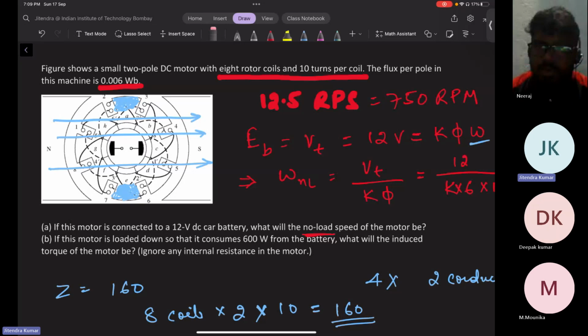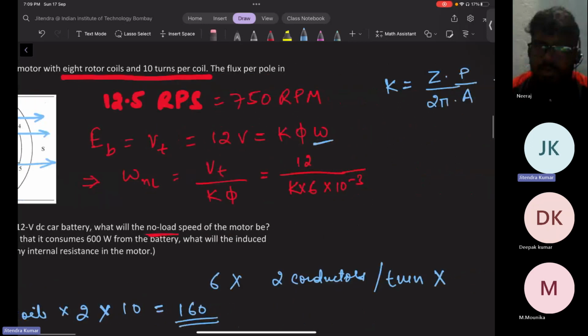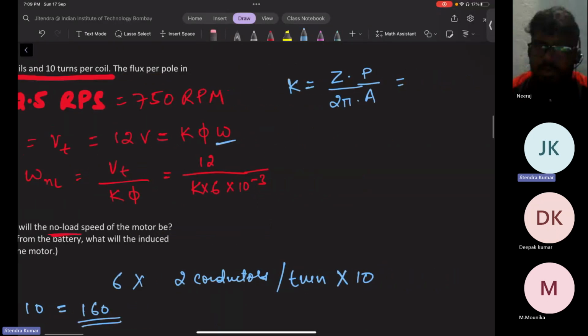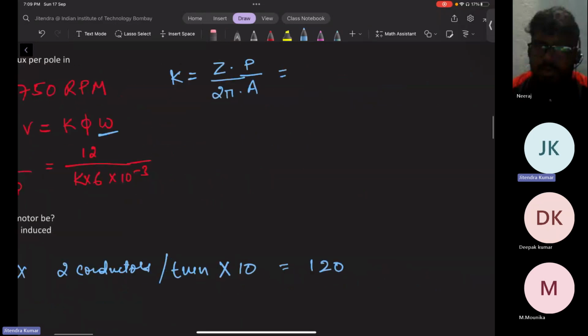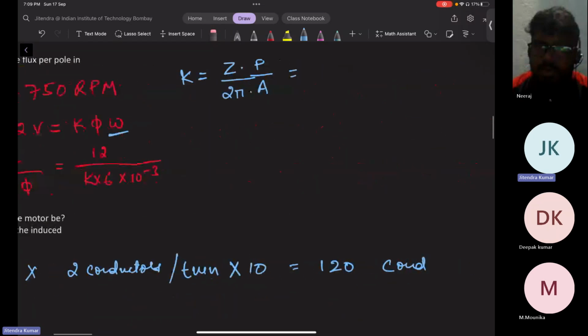So here I have to write six coils into two conductors per turn, and the number of turns is 10, right? So 12 into 10, 120. Sorry, 120 will be the number of conductors here.